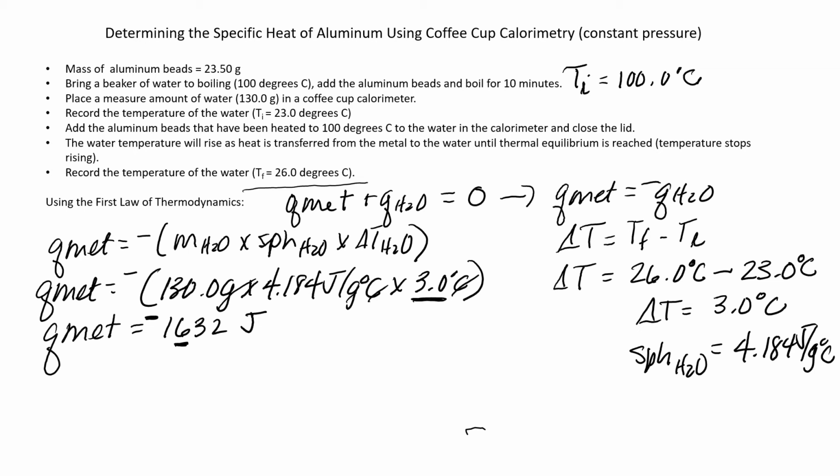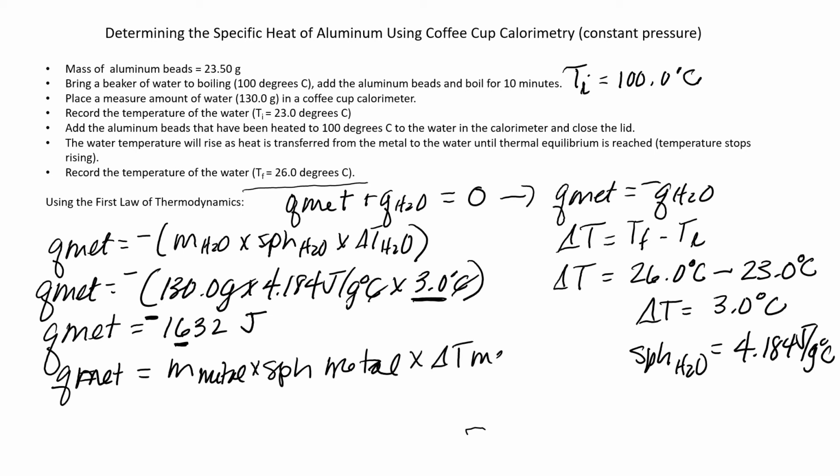So we know what Q of the metal is. Now we can calculate or determine specific heat of the metal. Q of the metal equals mass of the metal, specific heat of the metal, times delta T of the metal.